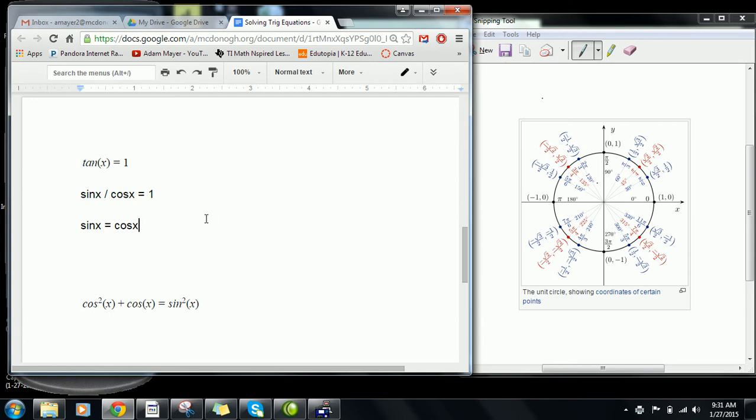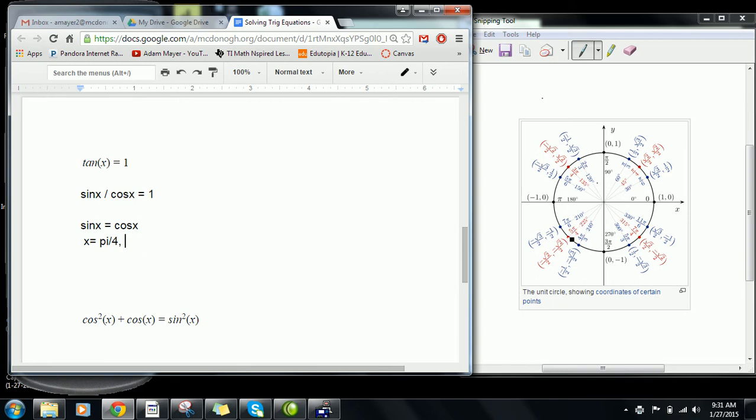So of course, most of us can come up with a principal solution, that being pi over 4, where the sine of x is root 2 over 2, and the cosine of x is also root 2 over 2. So one solution is certainly pi over 4. But that same reference angle will occur also in the third quadrant, where both the sine and cosine are negative.